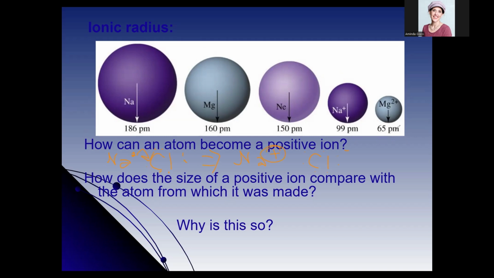So remember, in order to become a positive ion, you lose an electron or more. In the case of magnesium, it lost two. So you lose electrons to become a positive ion. So how does the size of a positive ion compare with the atom from which it was made? So the positive ions are smaller than the neutral atoms.